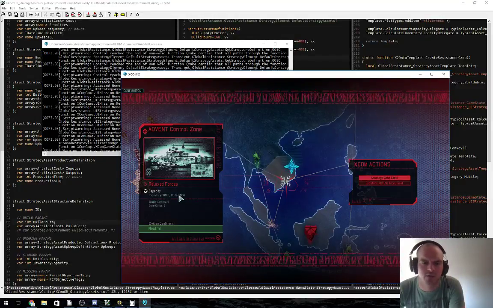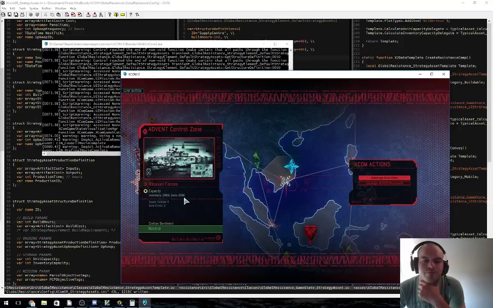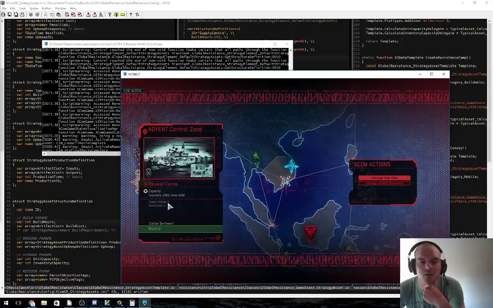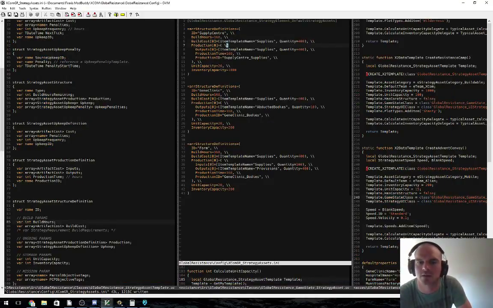Alright. Inventory, 2,000. Units, 100. 1,000 rather. Okay, so that's from supply centers of 4 and gene clinics of 2 and a place. So let's verify that we are in fact getting our numbers correct. So our inventory capacity.